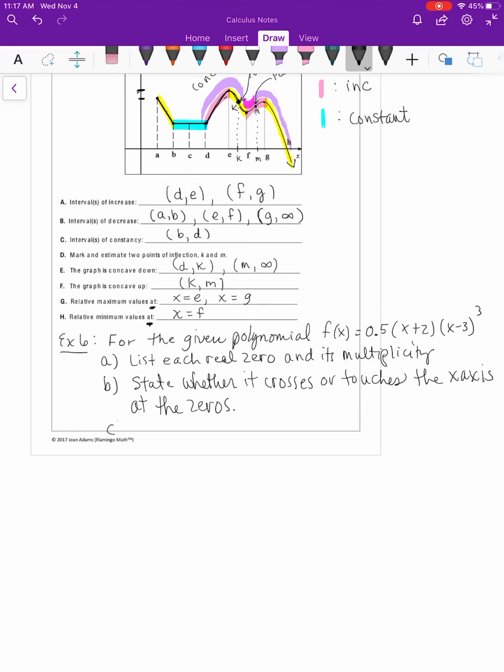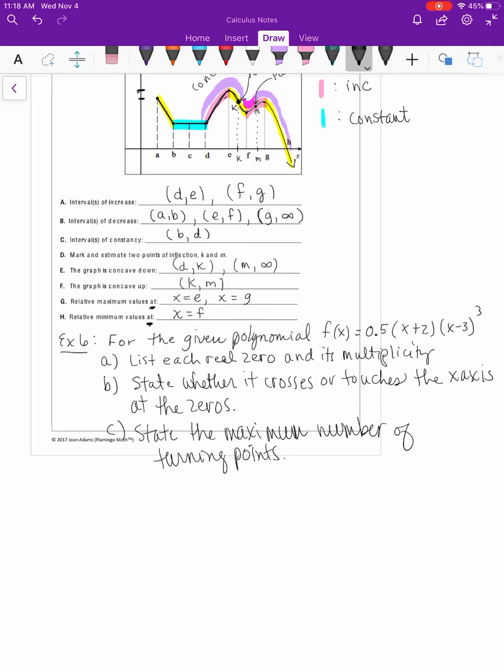Okay, and part C, state the maximum number of turning points. Do you see why I want to do this example? This is all the stuff that we had defined and we have not been able to do yet, okay?